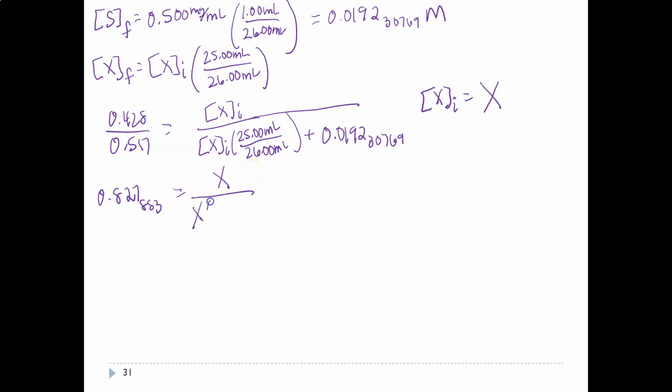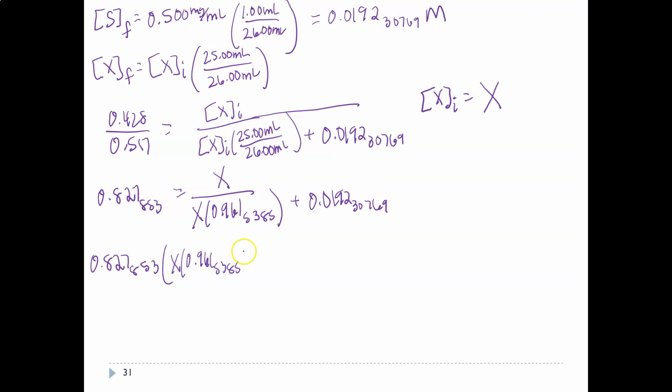I'm going to do that math. I get 0.9615385 plus this number that's still the same. Then I'm going to cross multiply the denominator over to the other side: 0.827853 times x times 0.9615385. My handwriting is horrible. I apologize.